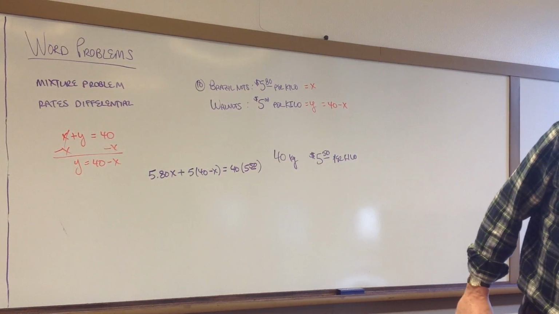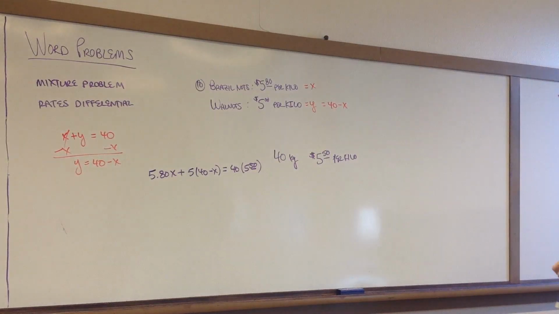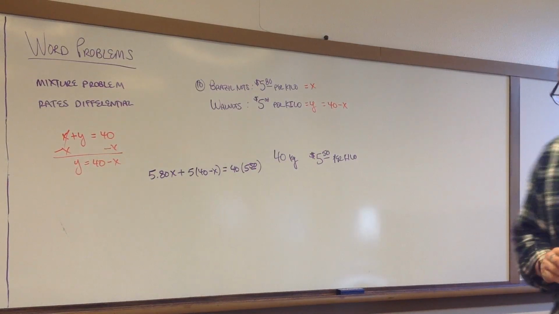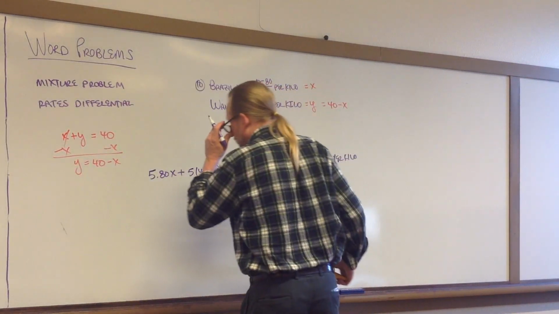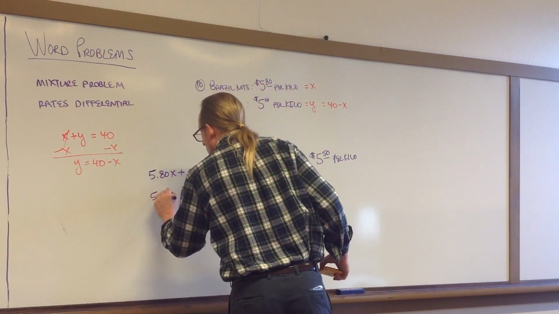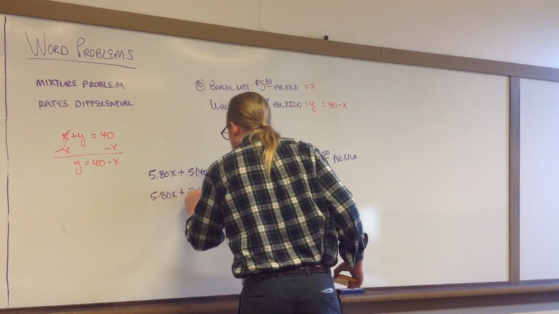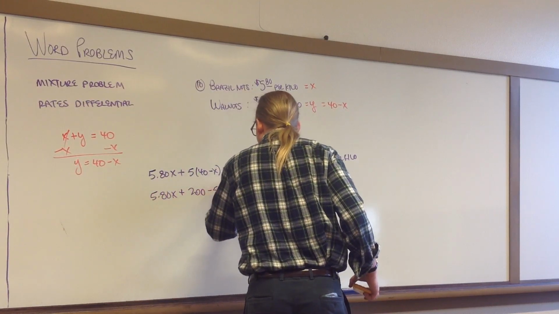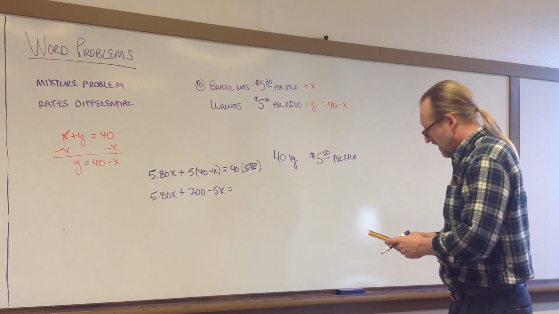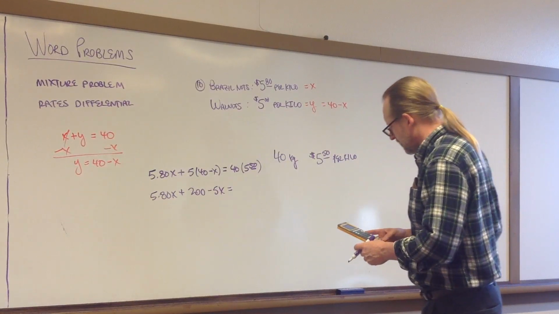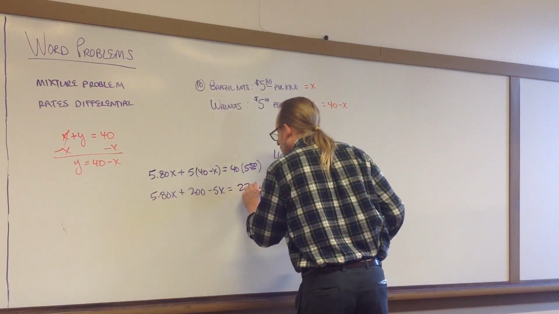Let's see here. All right, so we've got to make some calculations here. 5.80x will stay the same. 5 times 40 is 200 minus 5x, and then we've got to do 40 times 5.50, which is 220. There we go.